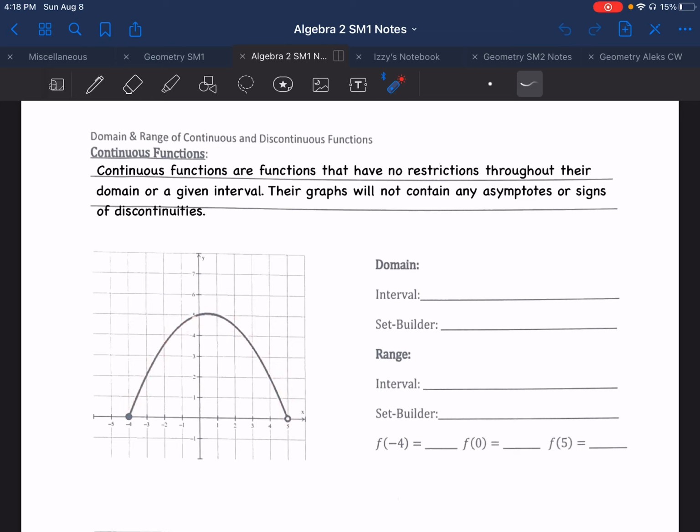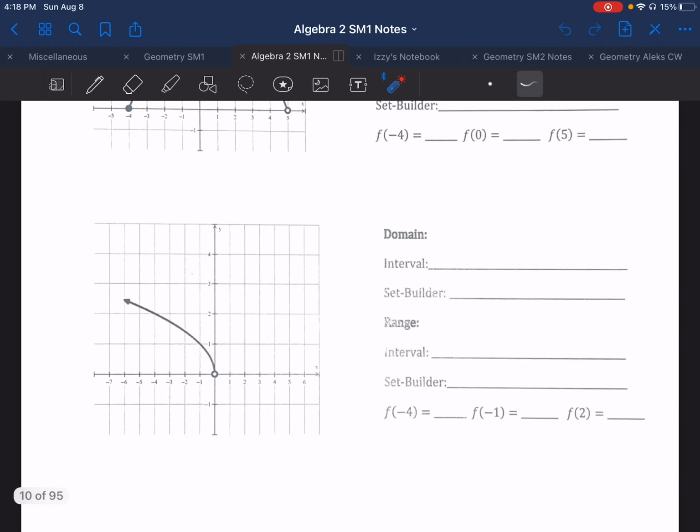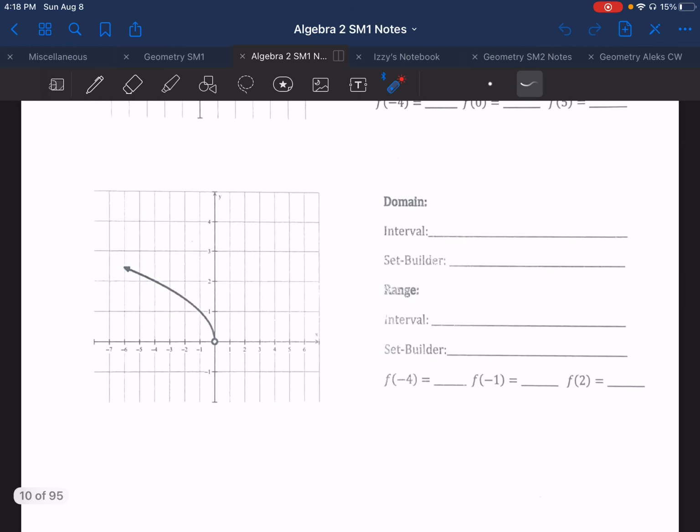This is considered continuous. If I were to add another piece, say here, and then it goes like that, this would be considered discontinuous because there's this gap right in here between these two values on x, okay? It might be better to see it right here. So take a look at the second one here. Notice my graph starts here and it goes forever in this direction.